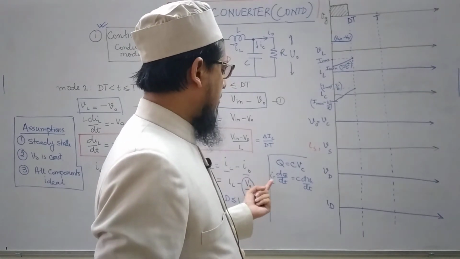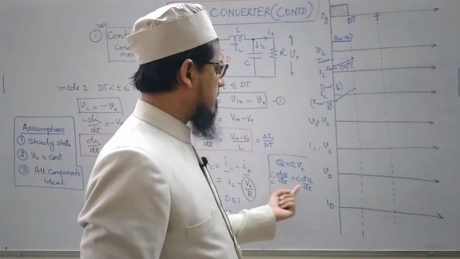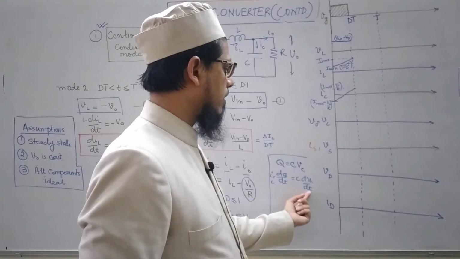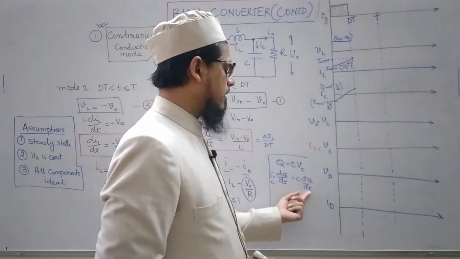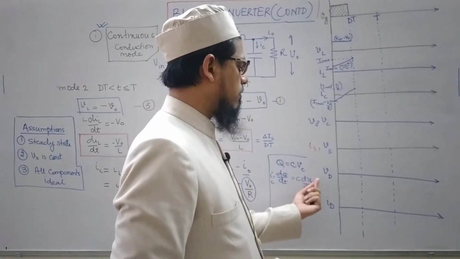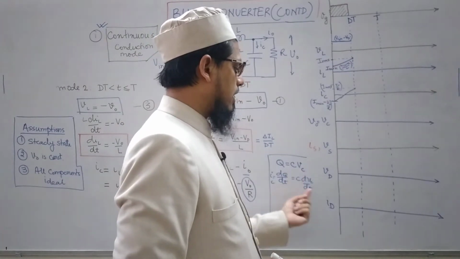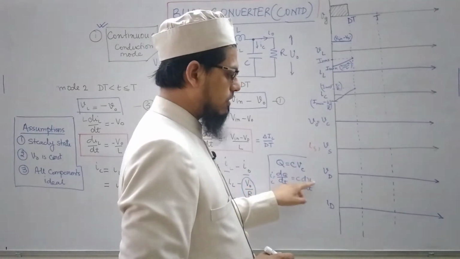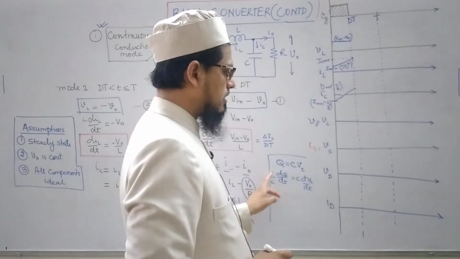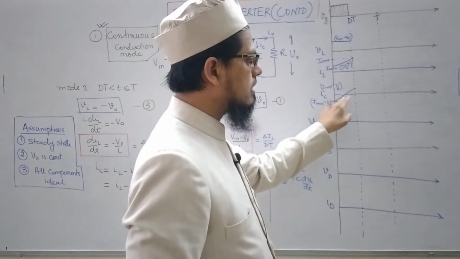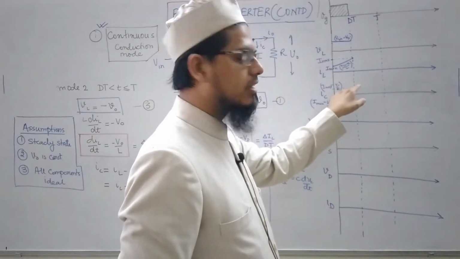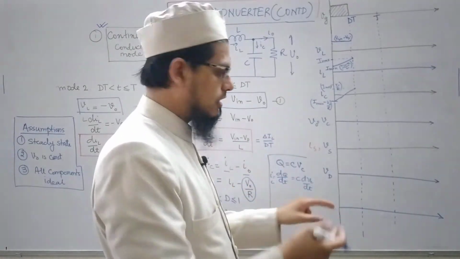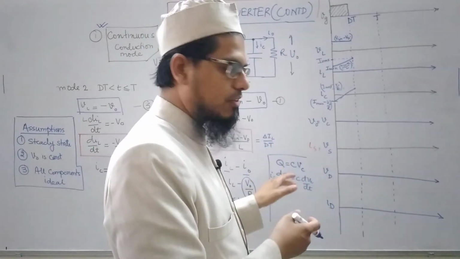You see, Ic is basically C dVc by dt. So whatever the waveform of Vc, its derivative gives Ic, and we can see here that Ic is linearly increasing. So basically Vc will be an integration of Ic.